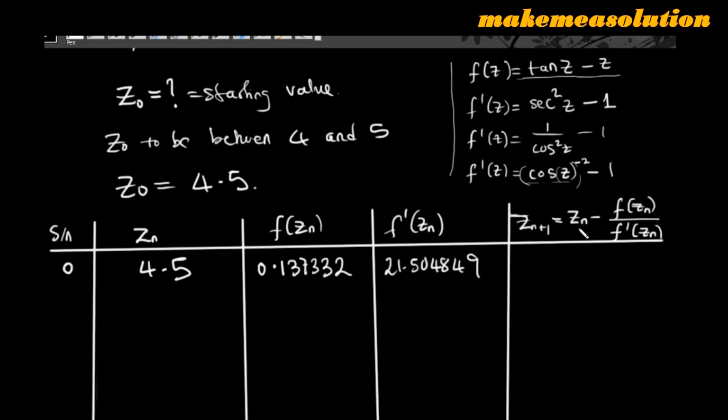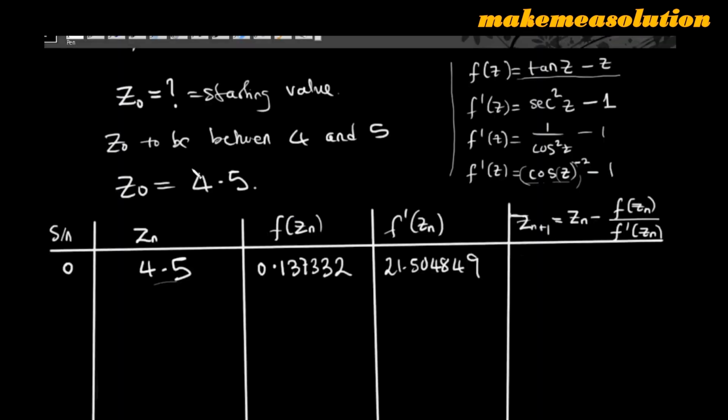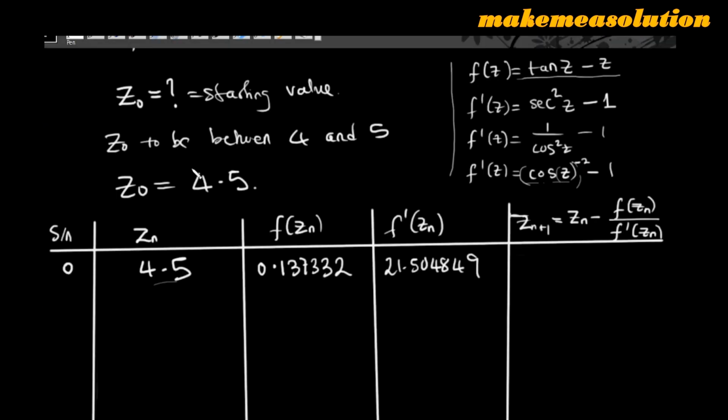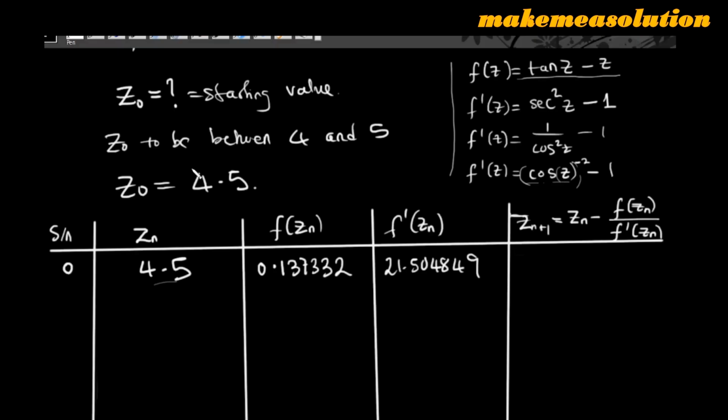So to compute my Zn plus 1, Zn plus 1 is this value minus this over this. So we have 4.5 minus 0.137332 divided by 21.504849.